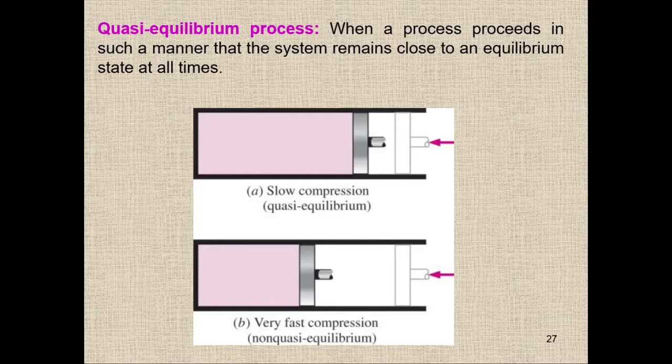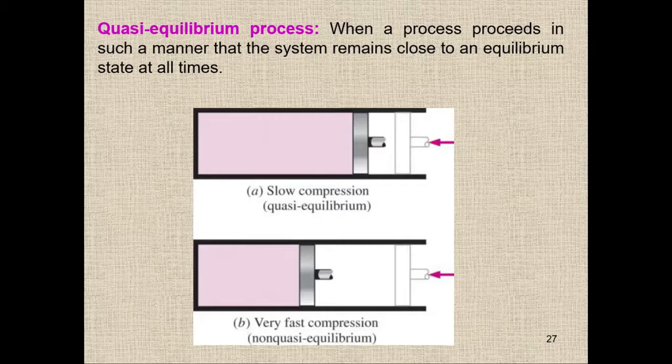We have different types of processes, but this one is the ideal process, which is called the quasi-equilibrium process. It is basically an ideal process, and it doesn't exist in real life. A quasi-equilibrium process is defined as when a process proceeds in such a manner that the system remains close to an equilibrium state at all times.